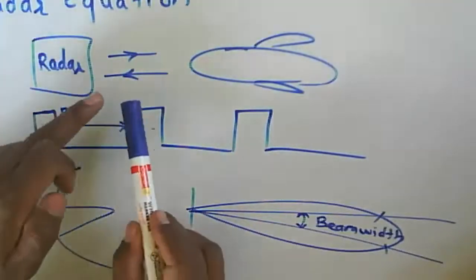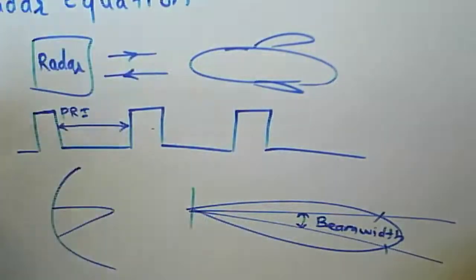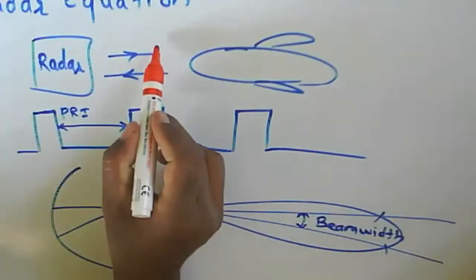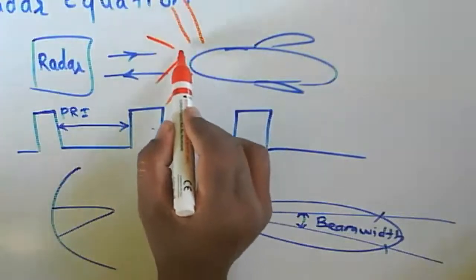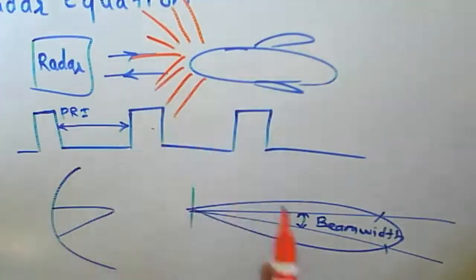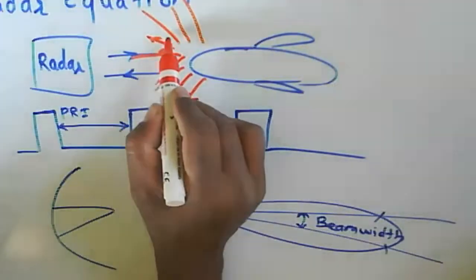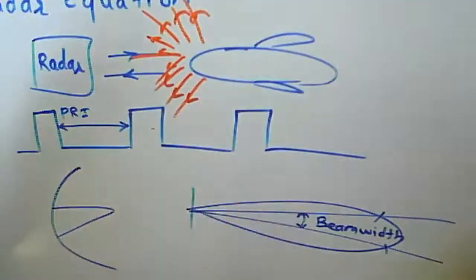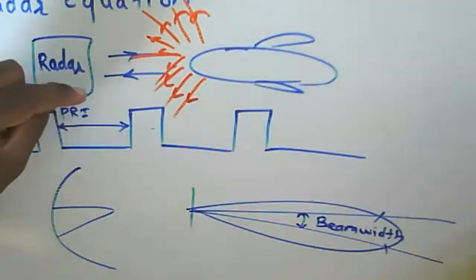Generally, when we send pulses to the object, the signal will be reflected in any other direction. So this is about reflection of the signal. In this case, how many pulses are scanned by the radar?